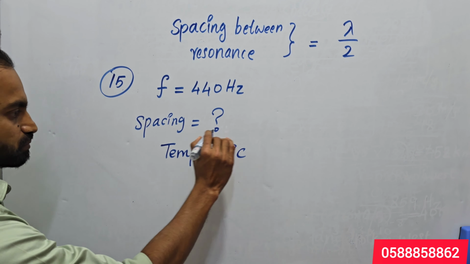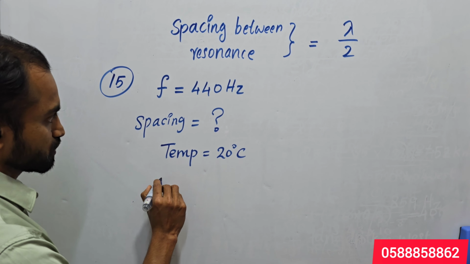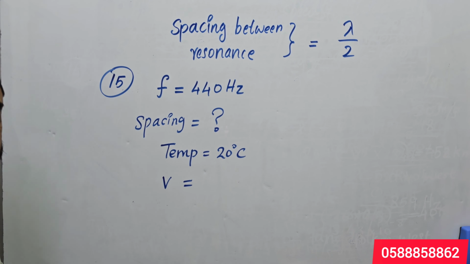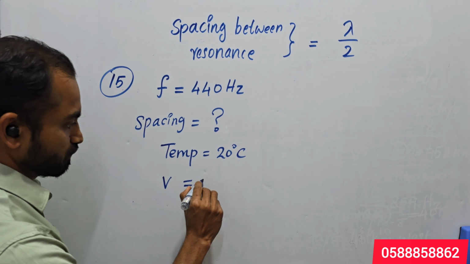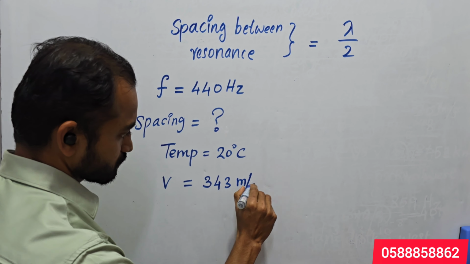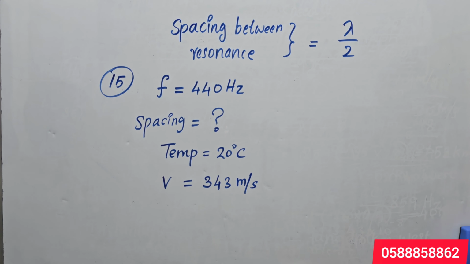So from the temperature you can get the speed of the sound, right? How much is the speed of sound at 20 degrees Celsius? Very good. 343 meter per second. Yes. Then what did you do after that?